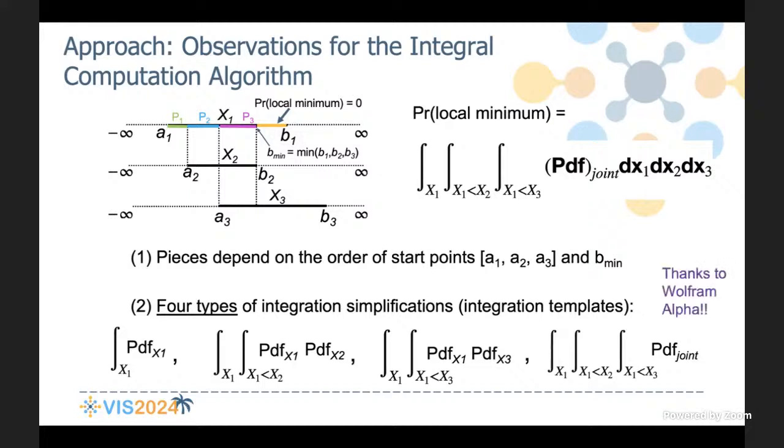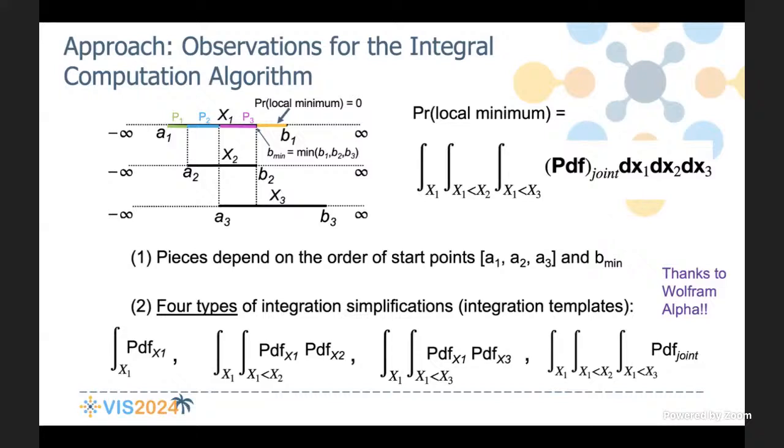So what we do is we pre-compute these integral templates, which are at the heart of our algorithm. Now, thanks to Wolfram Alpha, because in order to compute expressions for these integrals, we have to plug in the uniform distribution or Epanechnikov distribution, and deriving these integrals in a handwritten fashion is way too tedious and can take forever. So Wolfram Alpha really helped us to derive these long expressions.